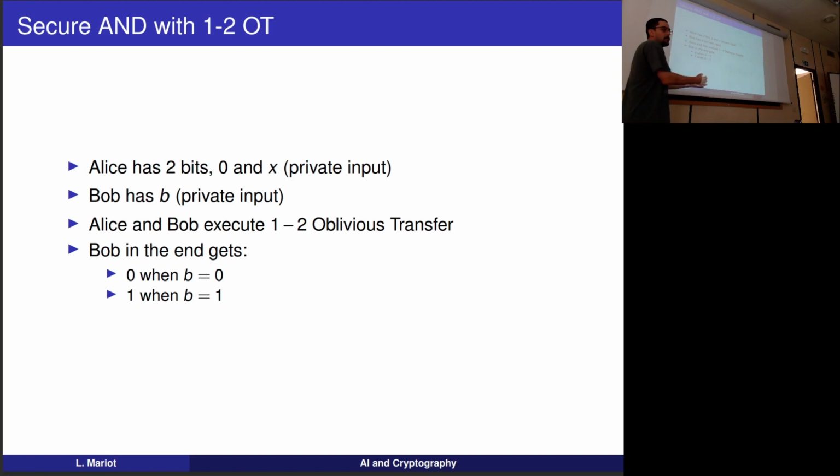But he cannot know this, because this 1 will just be the result of the secure AND. It will reveal that it is 1, since it is also 1 for x. So this is the idea of using Oblivious Transfer for the secure AND protocol.